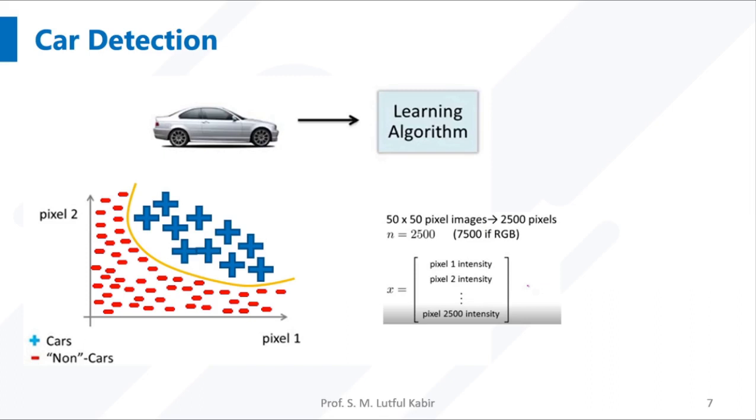So we have n equals 2500, and that is computationally very expensive. So simple logistic regression, together with adding in maybe quadratic or cubic features, is just not a good way to learn complex nonlinear hypotheses when n is large, because you just end up with too many features.